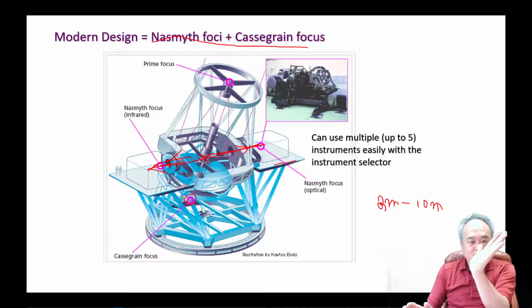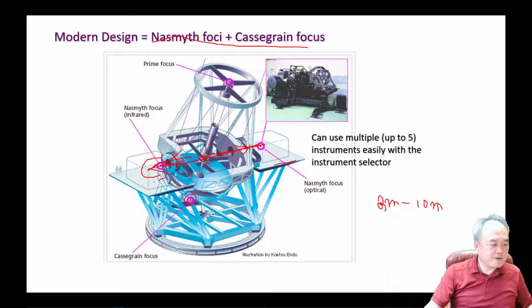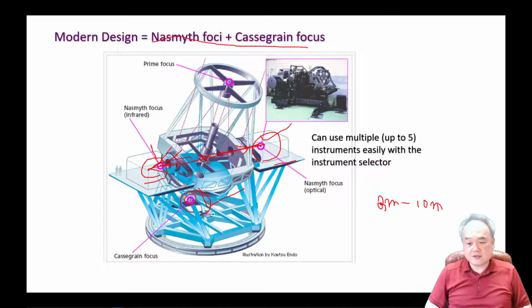So by rotating this tilted mirror or taking it out of the optical chain, you can utilize three foci at the same time: two Nasmyth foci or one Cassegrain focus.